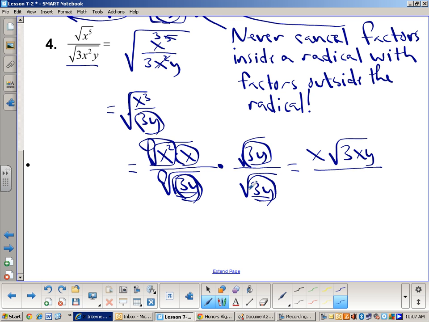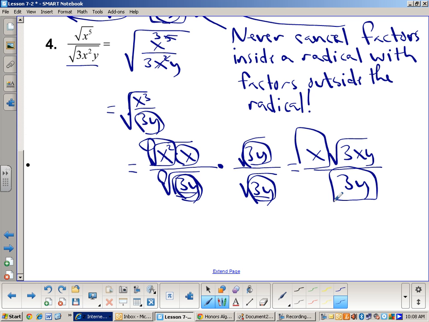Square root of 3y times square root of 3y is 9y. It's actually square root of 9y squared, which reduces to 3y. Okay? Now, when you're done, always do a double check here. Numbers outside, do any of them reduce? No.